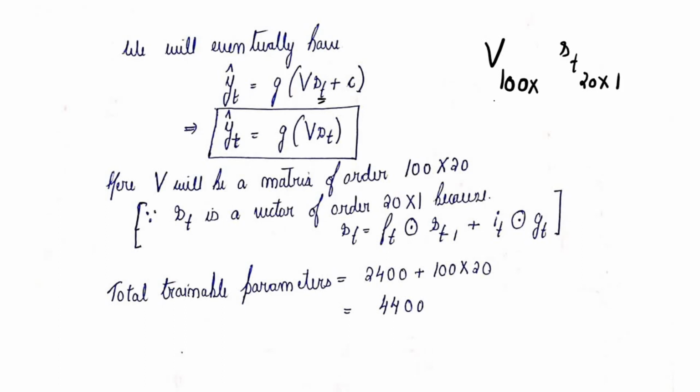So in order to make the multiplication possible, V should be of shape 100 cross 20. On doing so, we get 100 into 20 elements to tune. And on adding everything, like 2400 previously plus 100 into 20 elements now, this is exactly the number of trainable parameters we need to consider for this LSTM network.